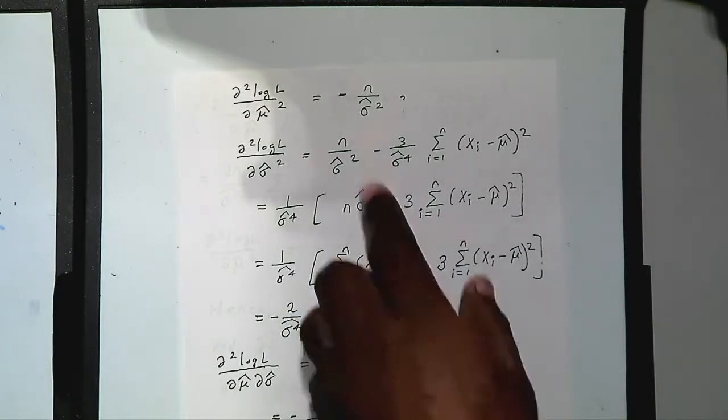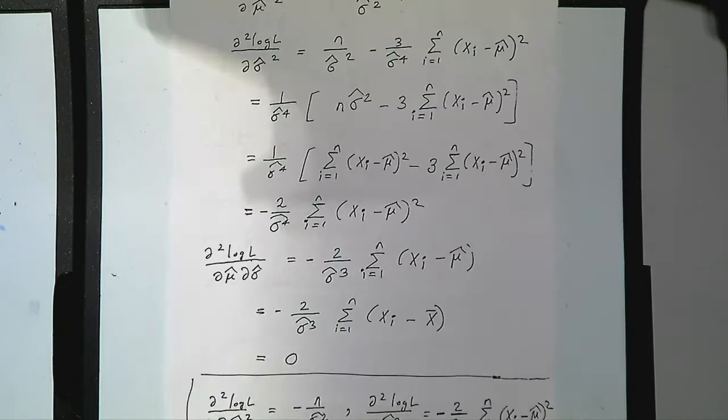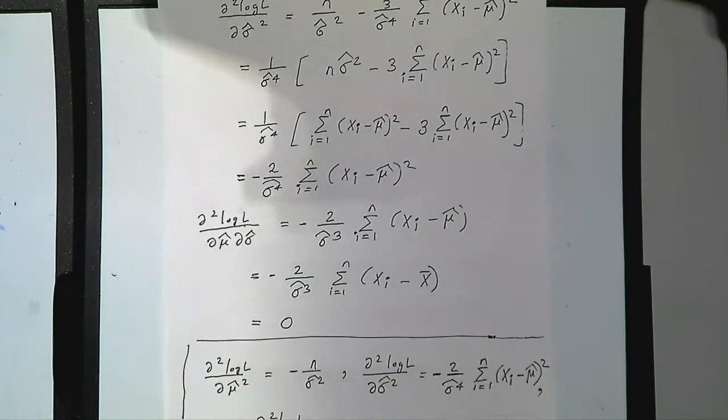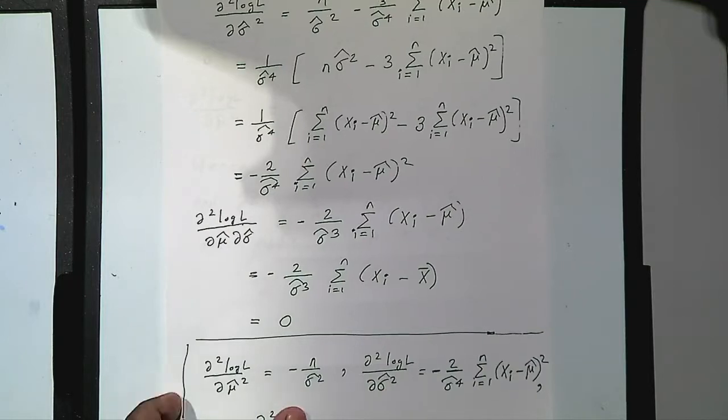This is for the first one, this is for the second order derivative with respect to sigma, and the mixed derivative becomes equal to 0. So this is summarized here. These are the three things you need: the second order derivative with respect to mu, mu hat, sigma hat squared, and mu hat and sigma hat.